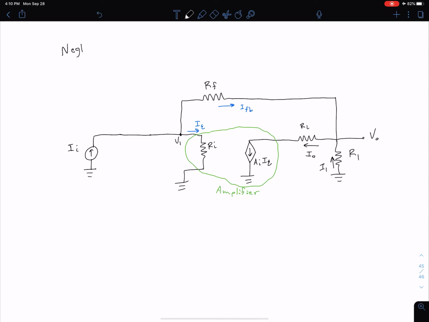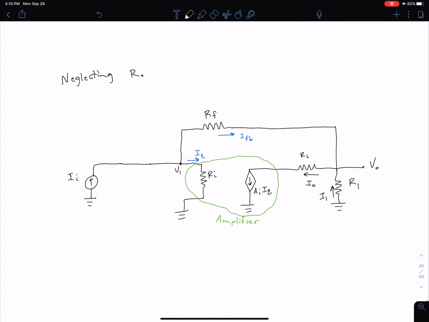So we're neglecting our output resistance for that amplifier, R naught. Notice I've also dropped this RS resistance that was here. So before we had some source resistance, here we're going to ignore that as well. As always, we're making a lot of simplifications in order to get an ideal or a first order approximation.